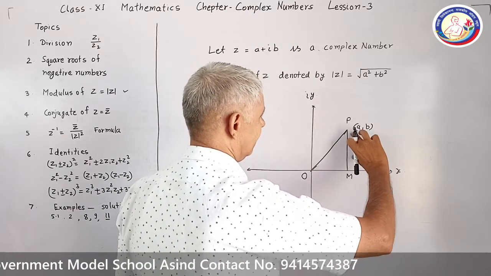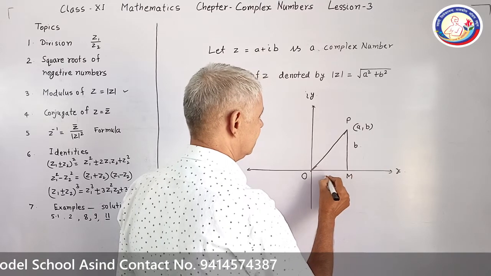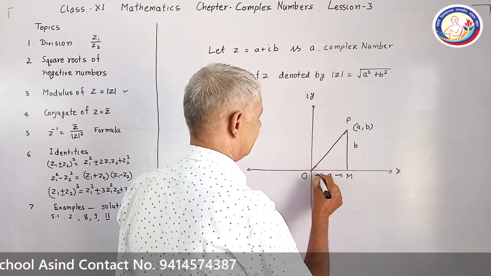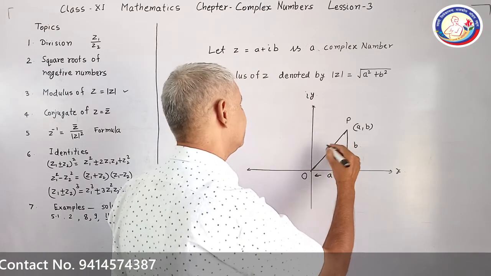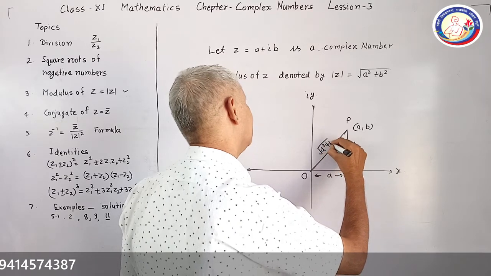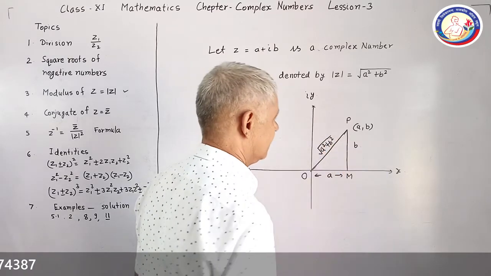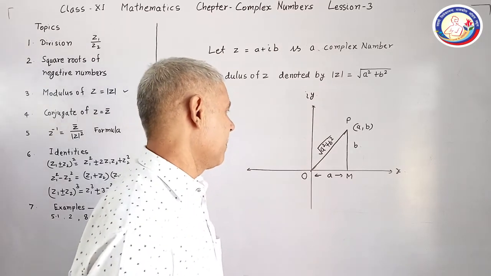So this is b, PM, and this is a. The hypotenuse will be square root of a square plus b square by Bodhayan formula.